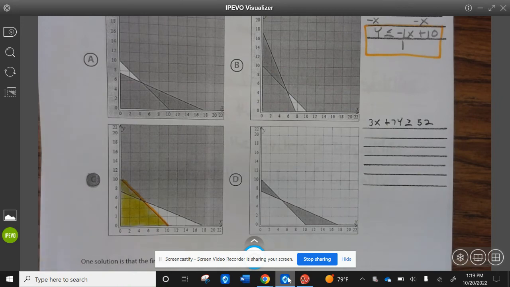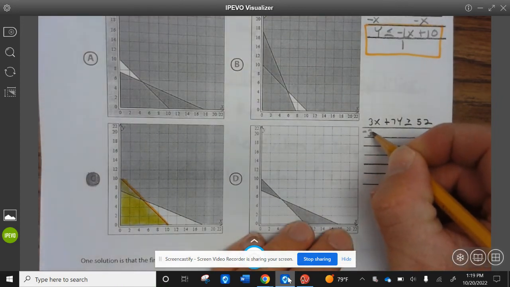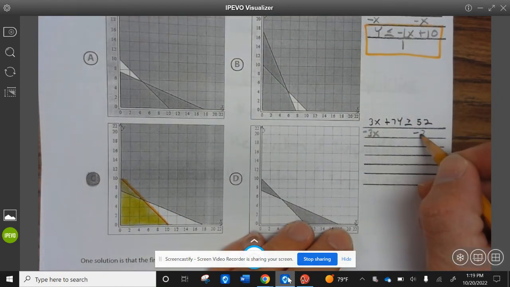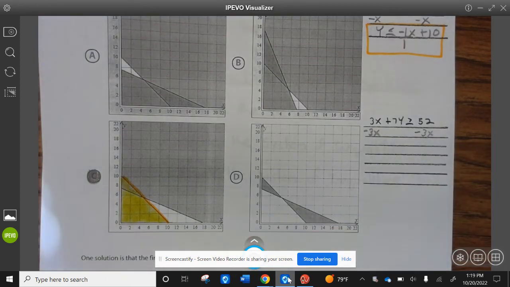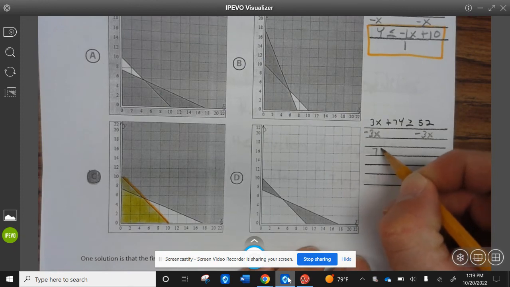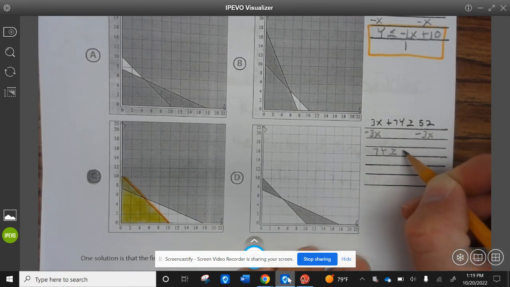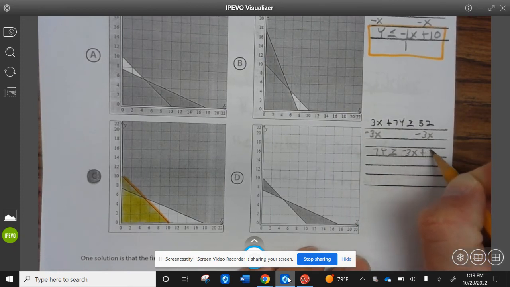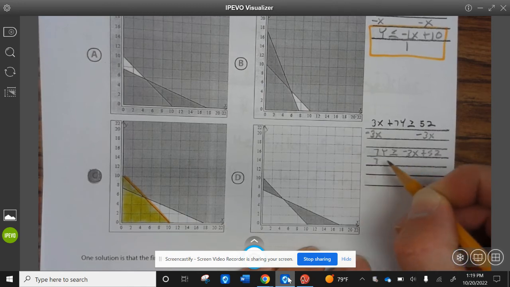Now we're going to graph the second inequality. We're going to solve. So subtract 3x from both sides. So then you get 7y greater than or equal to negative 3x plus 52. Divide everything by 7.